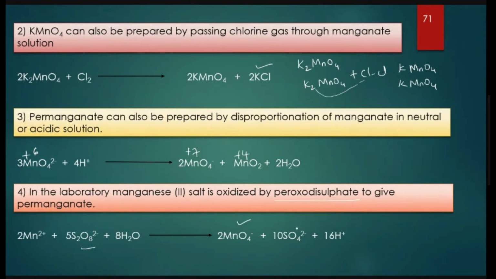Here SO4 2 minus is the sulfate ion, and with the formation of 16 H plus ions. Manganese 2 salt is oxidized by peroxodisulfate to give permanganate along with the sulfate ion. This is about the preparative methods for the preparation of potassium permanganate.